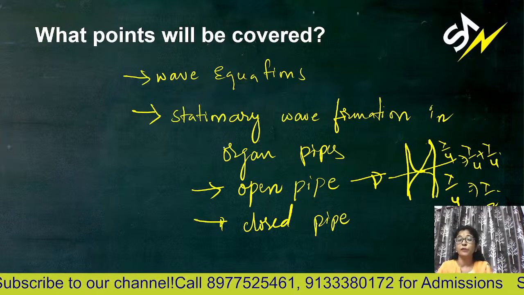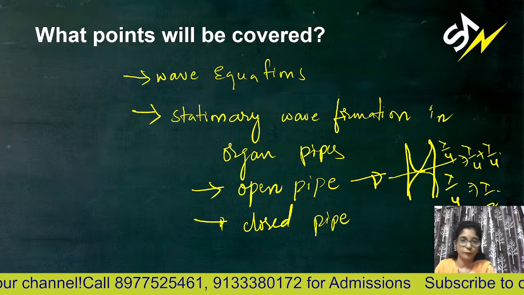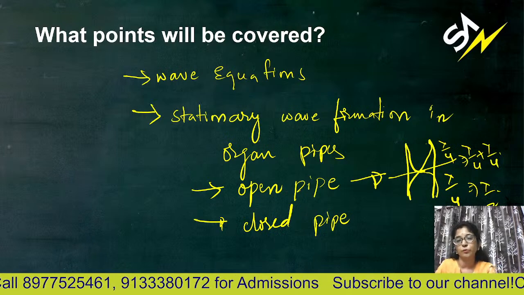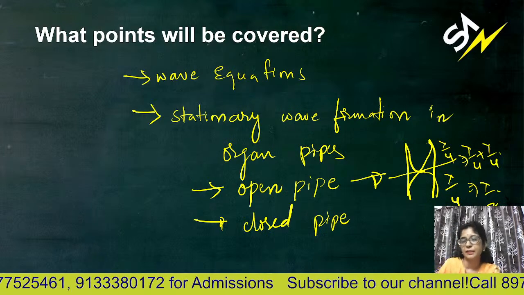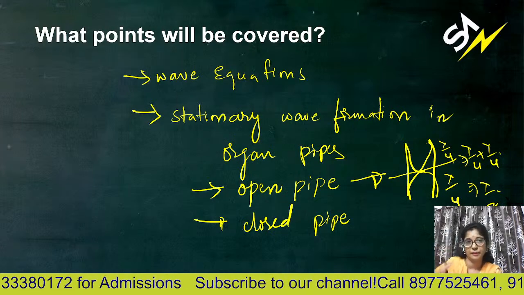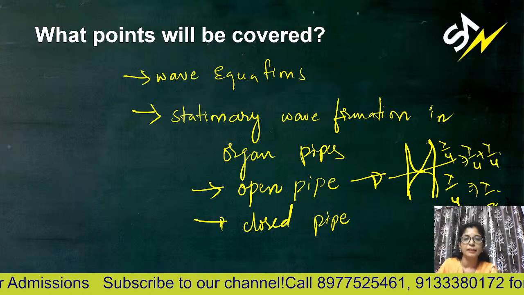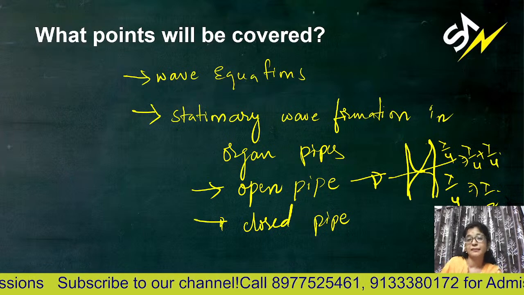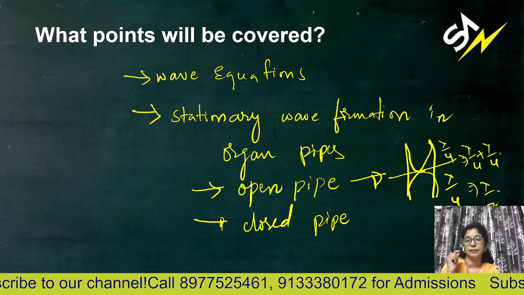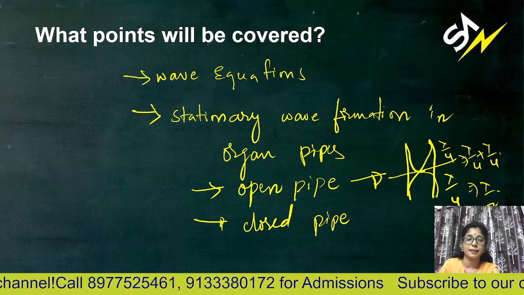This is the fundamental, but you can increase the number of waves also. There is an air column inside the organ pipes, and the waves going inside touch the corners and form the stationary waves.